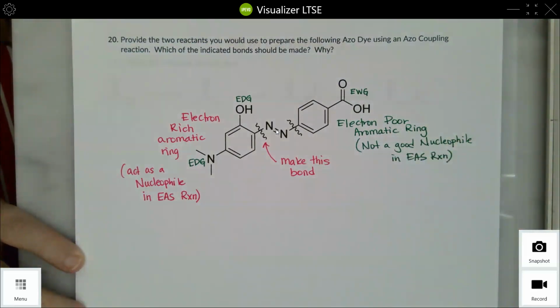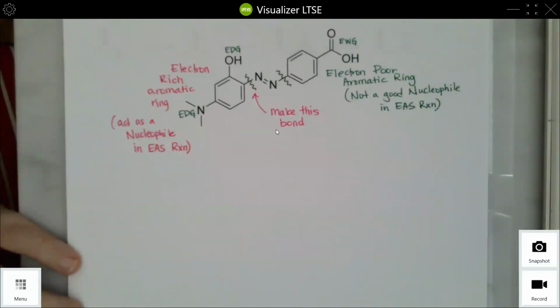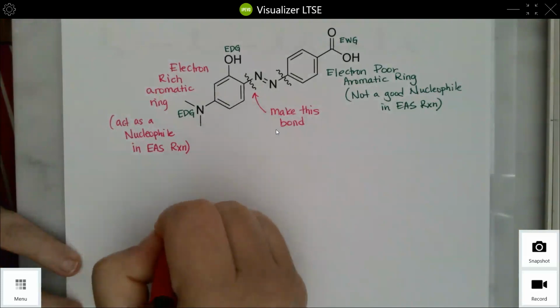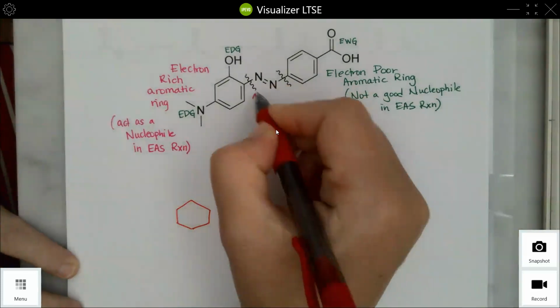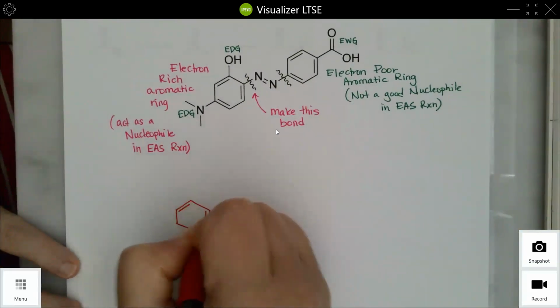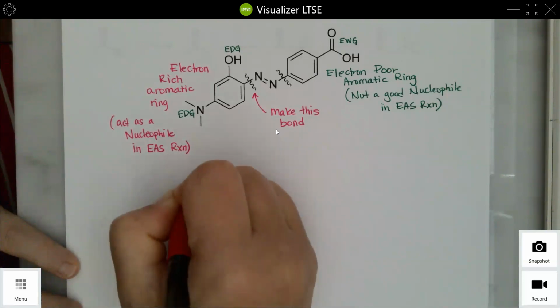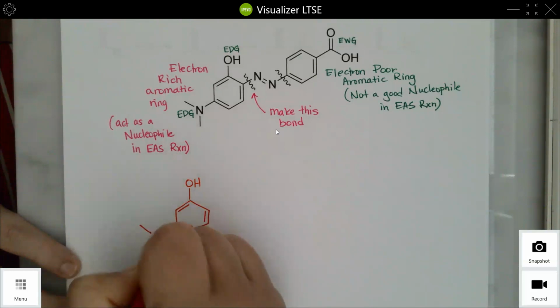Okay, so then the 2 components we would want are, so if we're making this one, right, then that bond isn't going to exist. We're just going to draw in OH and then the other substituent here, right?